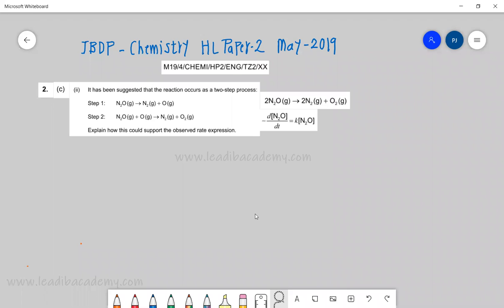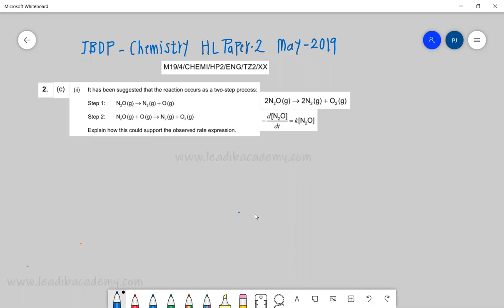So the question number 2C2. It has been suggested the reaction occurs as a two-step process: N2O giving N2 plus O, and then N2O plus O giving you N2 plus O2. Let's see how it is going to help us.